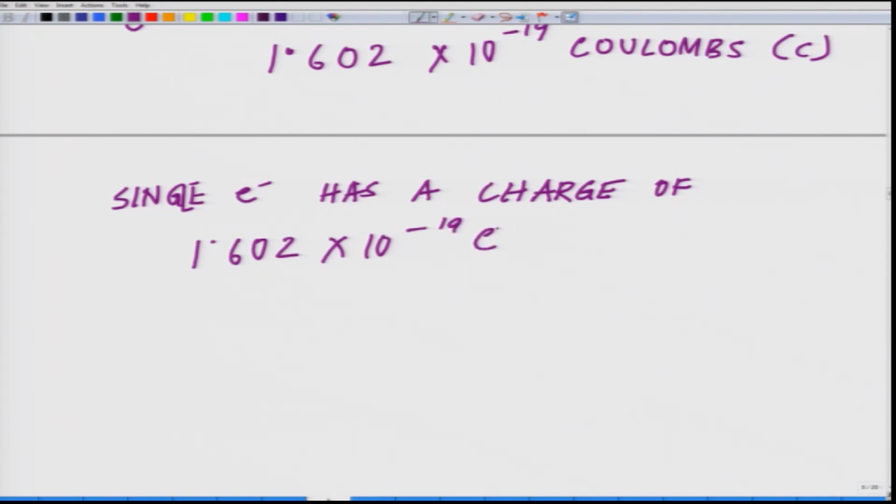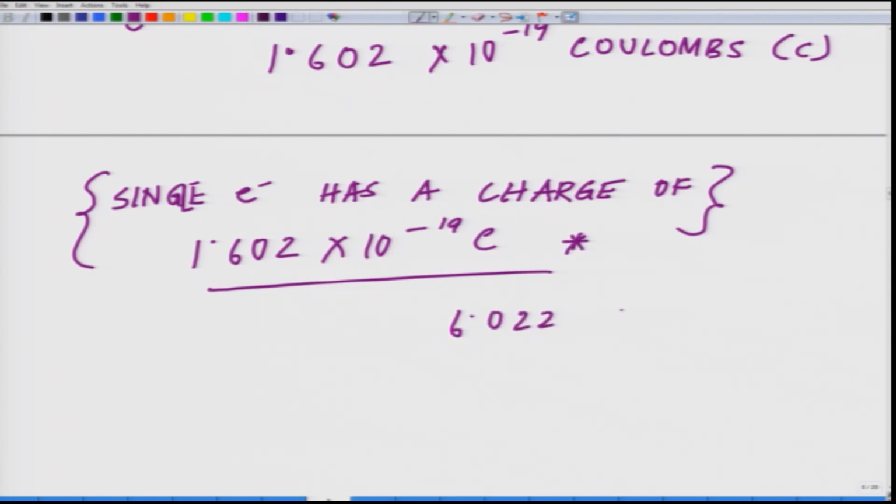Now, if we talk about a mole of electrons, how much will it be charged, because you really cannot measure this charge so easily. If this is the single charge, then you multiply it with Avogadro's number, which is 6.022 multiplied by 10 to the power 23 per mole. Okay.